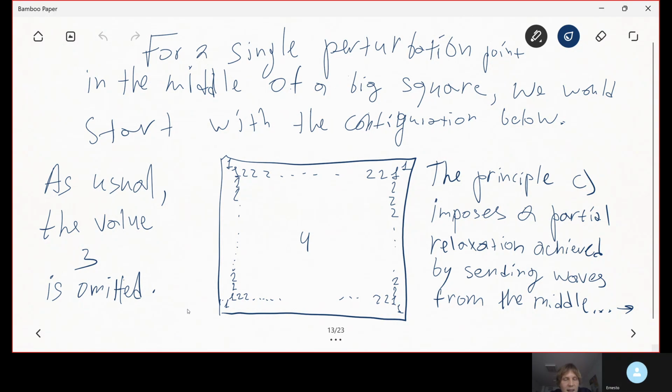Very well. And so this picture is what you would start with if you want to do this perturbation at a single point. So this is an important remark. The more points you use for the perturbation, the more elaborate this initial state G gets. So for just one point, it's what you see.